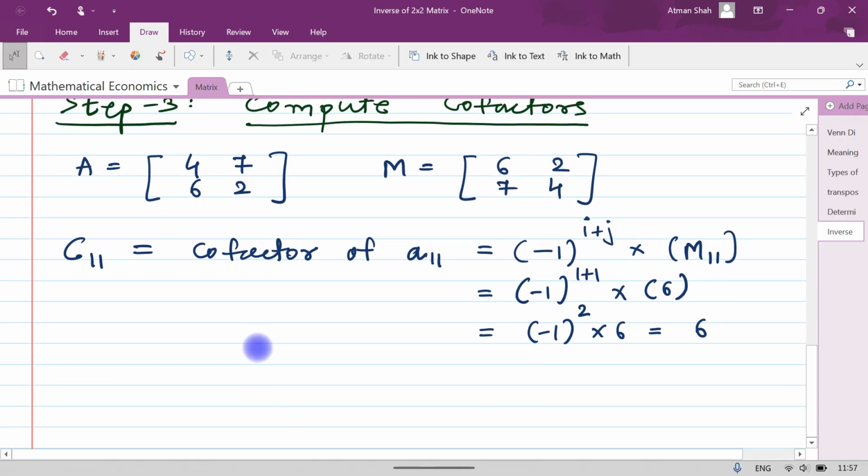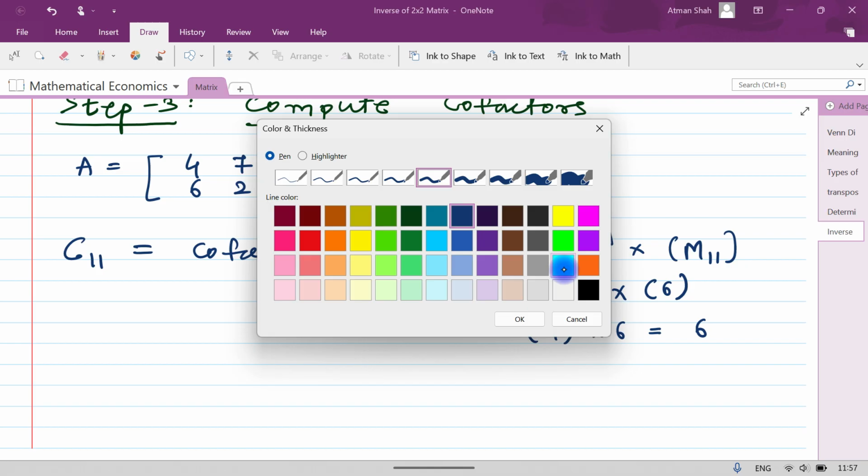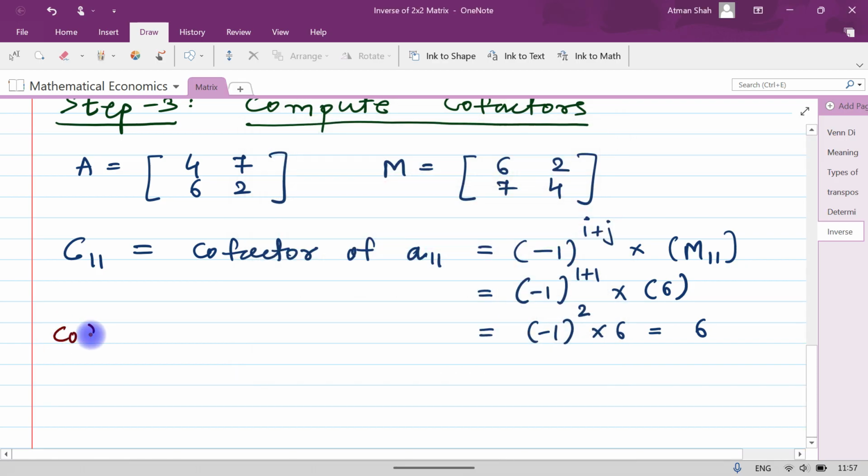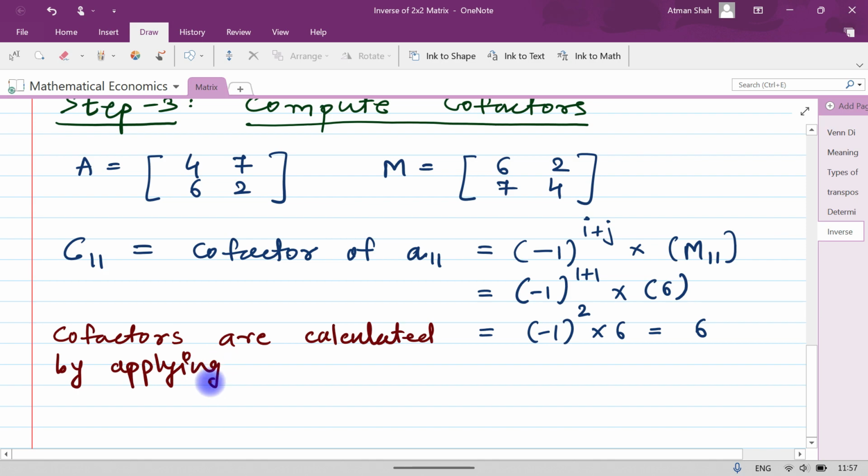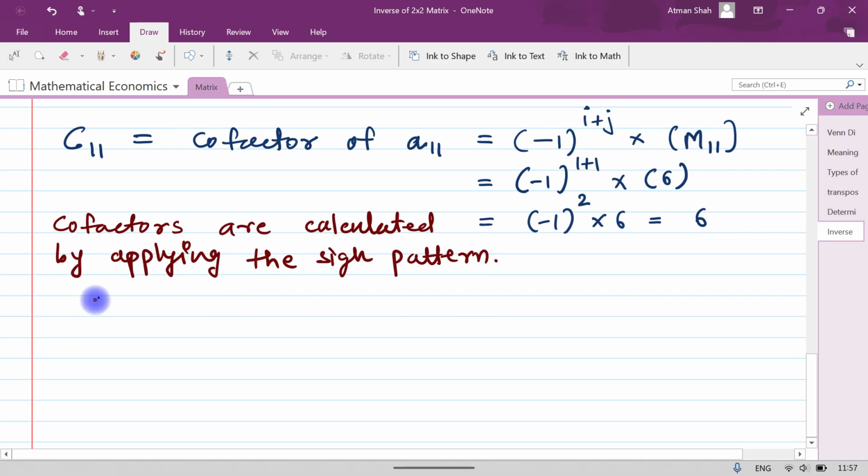So now we can decide the signs. Cofactors are calculated by applying the sign pattern. Now what is the sign pattern? It is plus, minus, minus, plus.